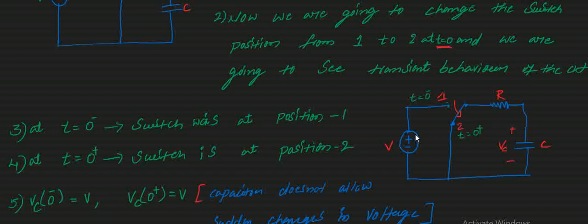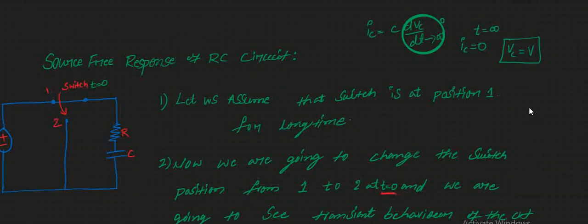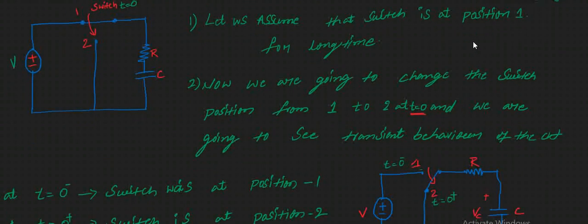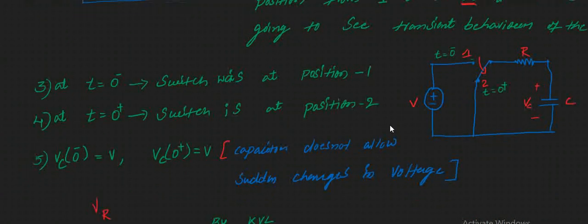Initially, Vc at 0 minus: what is the value of Vc? Already we have seen, Vc is equal to V at t equal to 0 minus. Why do we get V? Because it is connected for a long time, and at steady state the capacitor acts as an open circuit.